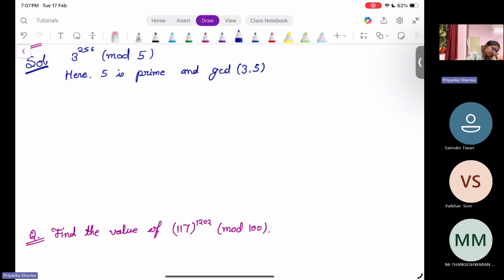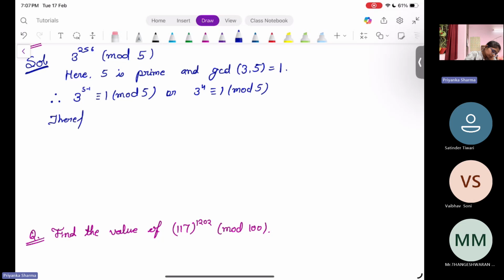GCD of 3 and 5 is 1. So 3 to the power 5 minus 1, this will be congruent to 1 mod 5, or 3 to the power 4 is congruent to 1 mod 5.